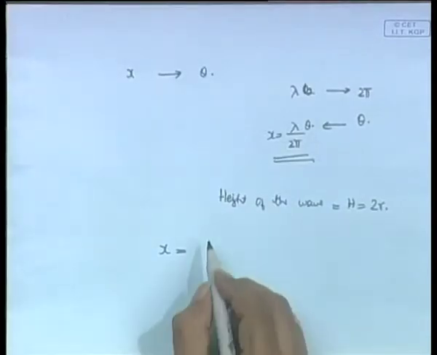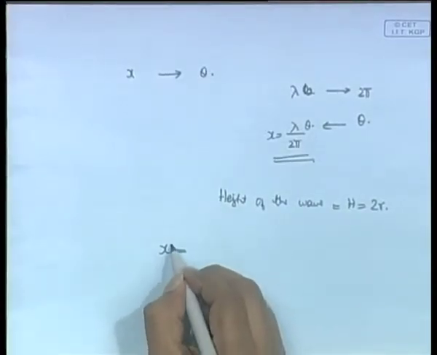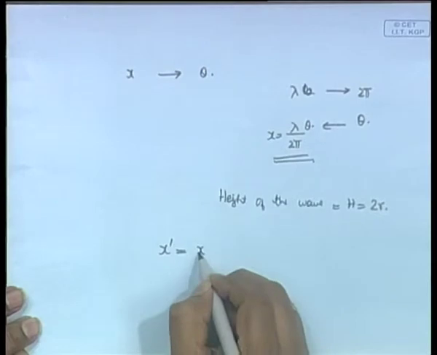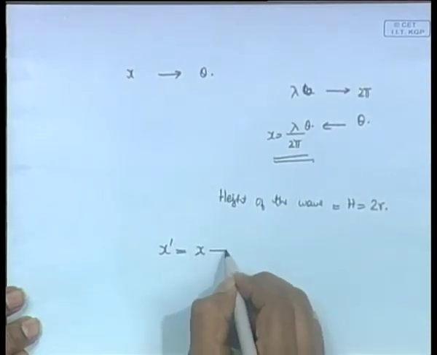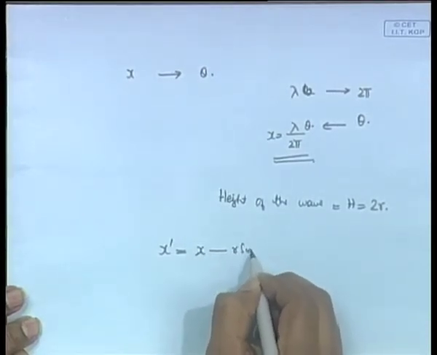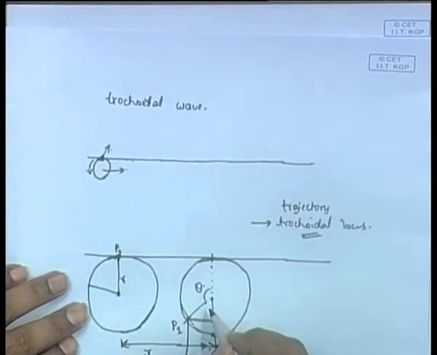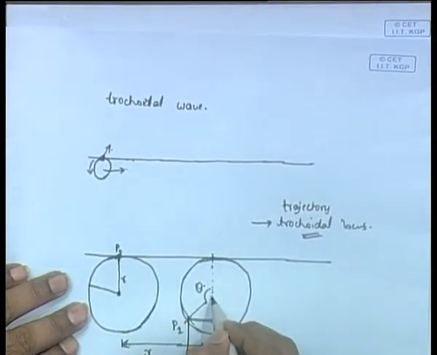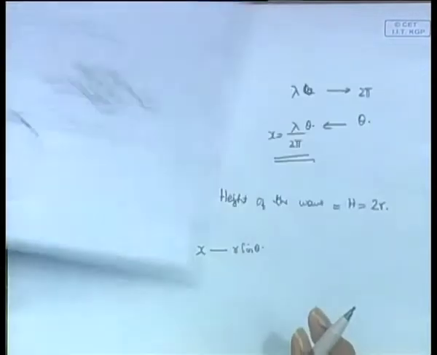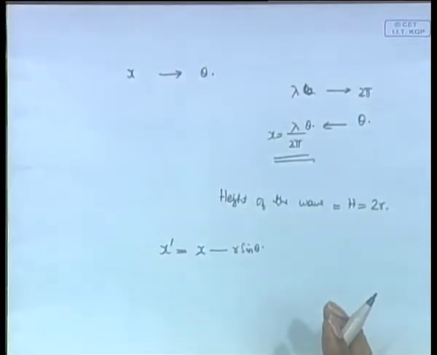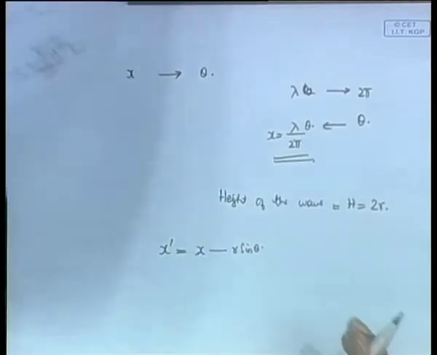So, let us call it x prime. It is equal to x, the distance moved by the center, minus r sin theta. If this is theta, you can look at it like this, it is probably easier.